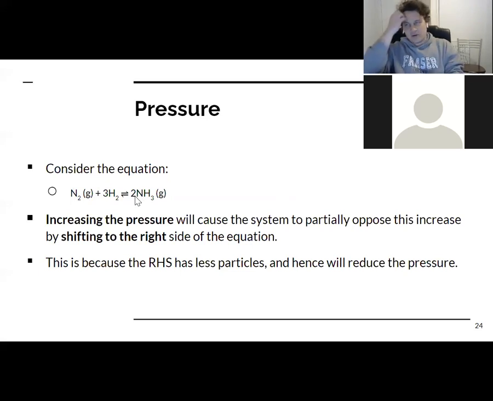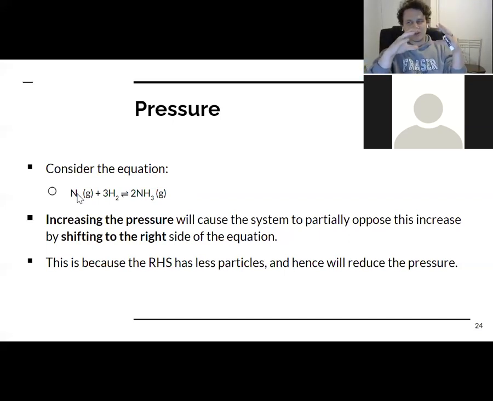So if I increase the pressure in this reaction vessel, because there's fewer gas molecules on this side, the system will go, I don't like that very much. And it will begin producing this, because it reduces the amount of gas in that box.